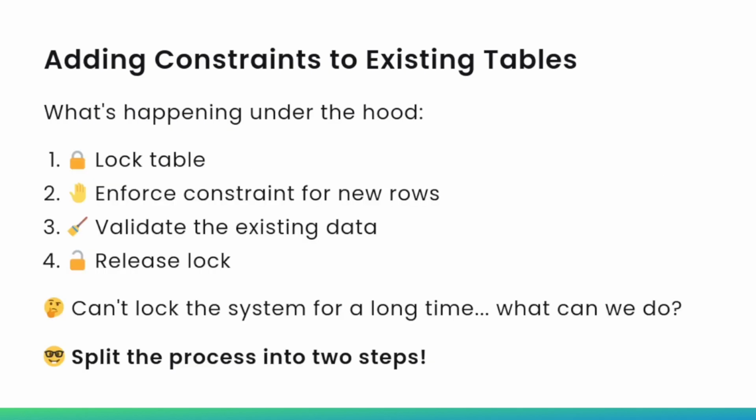So let's see what's happening under the hood when we are actually adding a constraint. The first thing that's happening is that the database would try to obtain a lock on the table. The next thing is for new rows that come into the table, we want to enforce the new constraint. So we start enforcing the constraint for new rows.